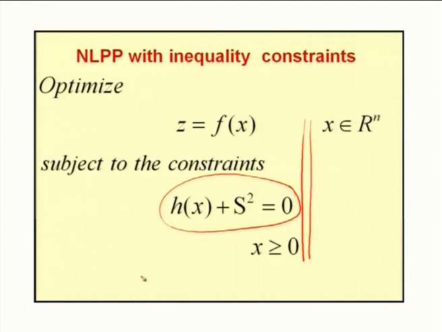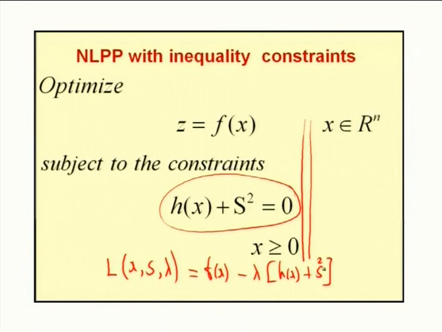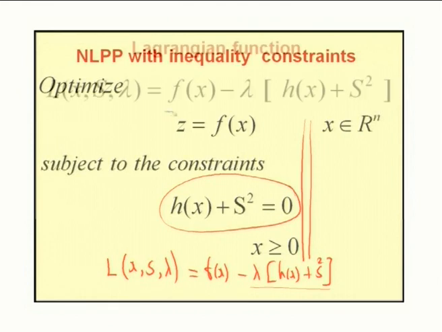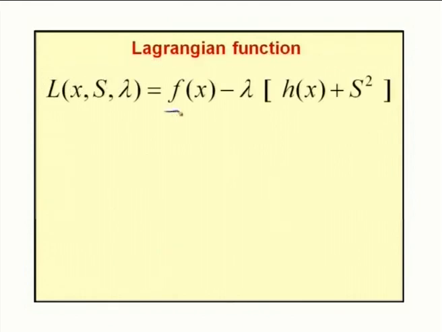For this problem, the Lagrangian function is L of x, s, lambda equal to f of x minus lambda into h of x plus s squared, where s is the slack variable.